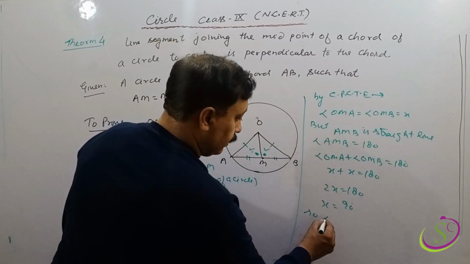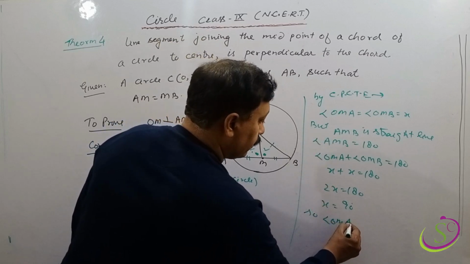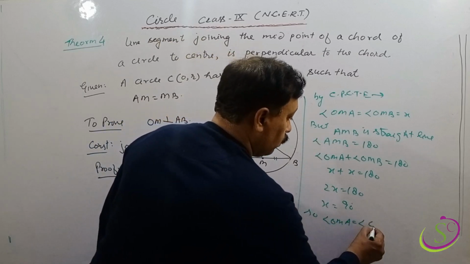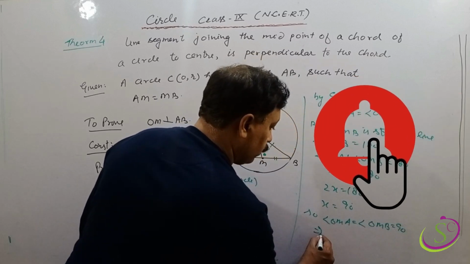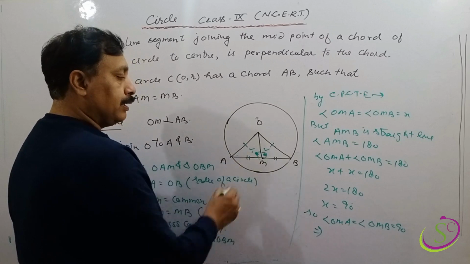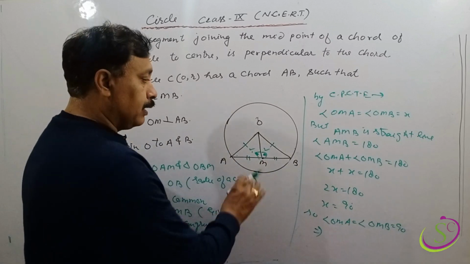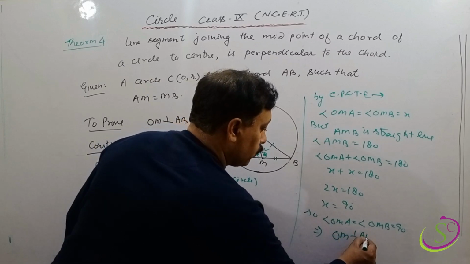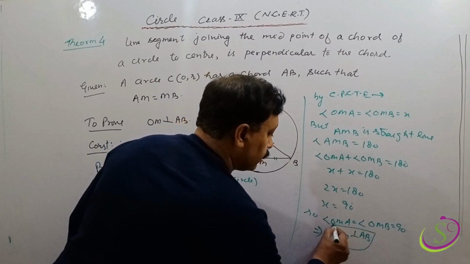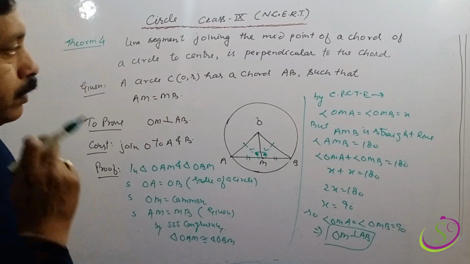So we can say that angle OMA equal to angle OMB and equal to 90, and this angle is 90 degrees, so we can say that the line segment OM is perpendicular to AB. Is it clear? So you can do this.